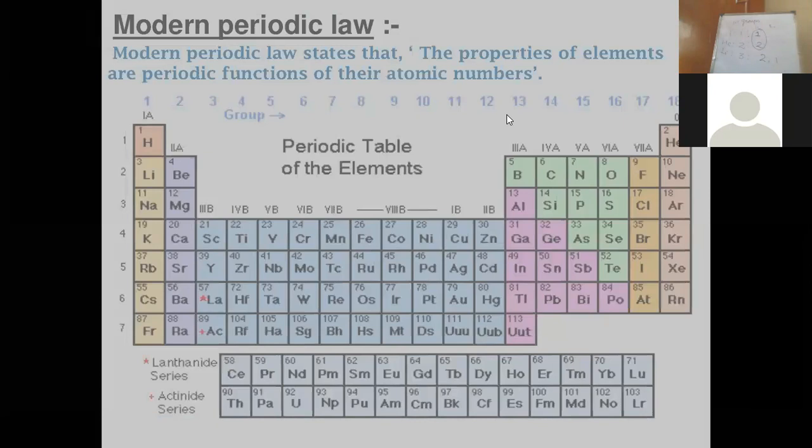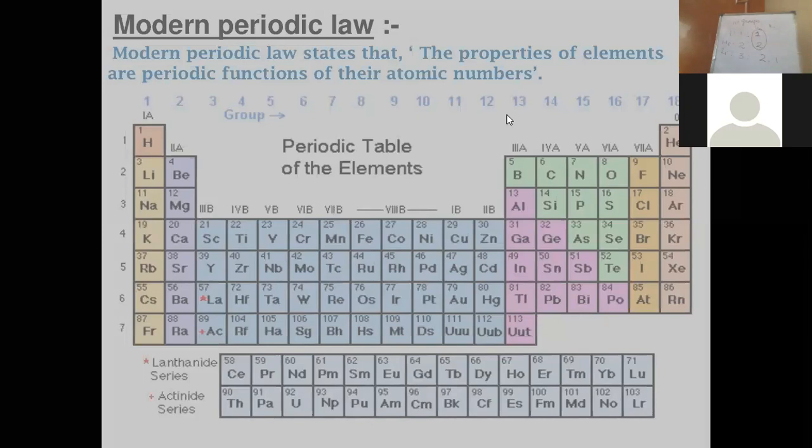Hence, the first period has only 2 elements, because it consists of those whose only first shell, the K shell, is complete. So that is why hydrogen and helium find their place in the very short period.